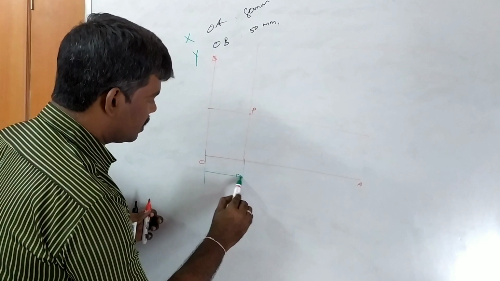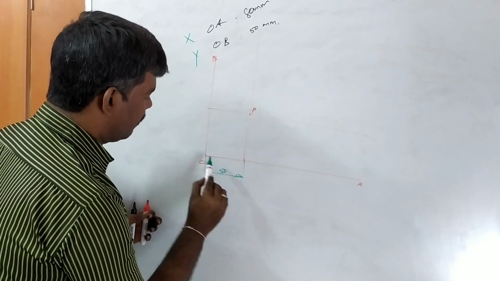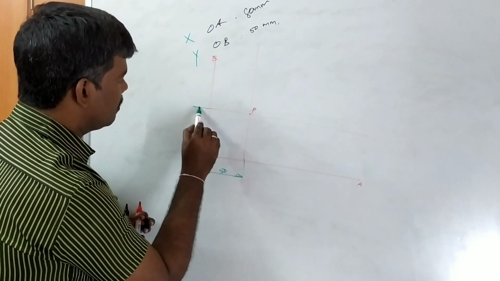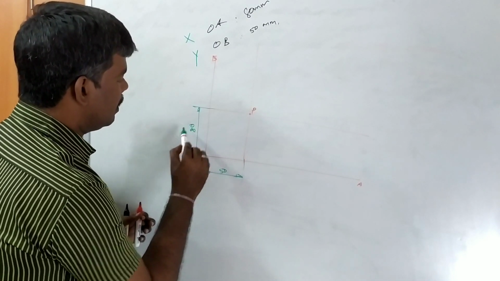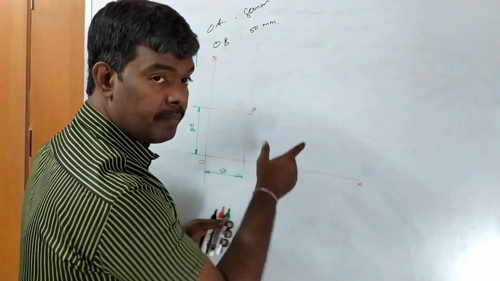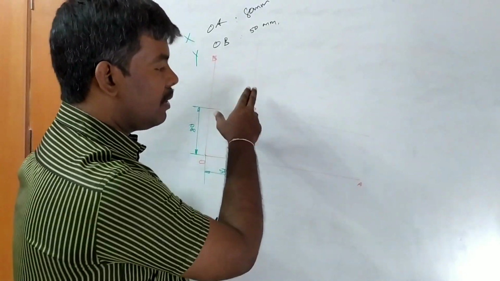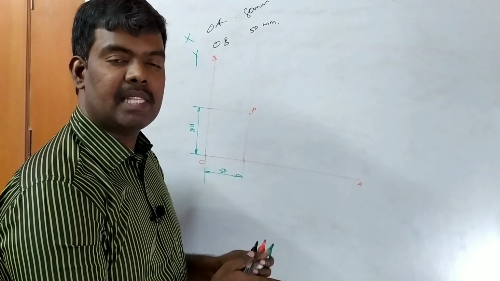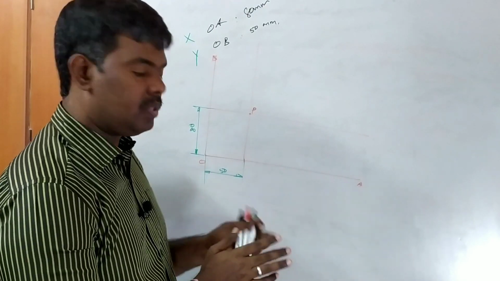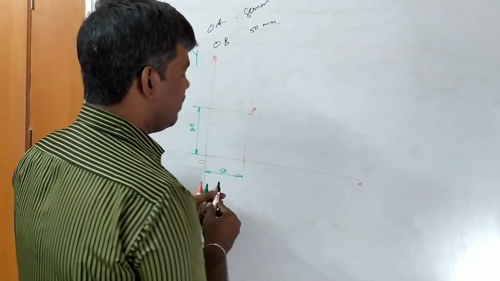So this distance is 50, this distance is 80. Same procedure. In this problem they do not mention whether the points are equidistant or some 10 mm each, 8 mm each, nothing is mentioned. So the choice is ours.